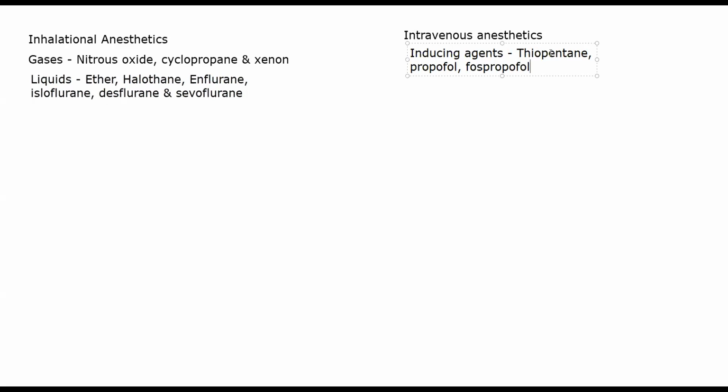All right, these are inducing agents. Then there's something called dissociative anesthetics. To understand dissociative anesthetics, you'll have to understand what dissociative anesthesia is. I'll explain that when we come across this drug class. This will basically have one main drug, ketamine.